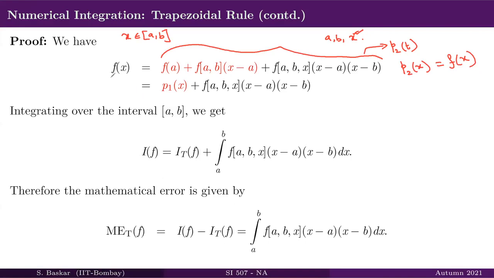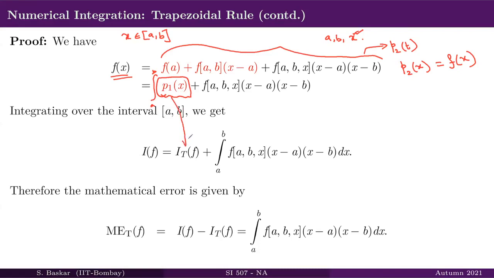That is how we are writing here: f of x is equal to the polynomial P2 evaluated at t equal to x, and that is nothing but P1 of x plus the error term. Remember, P1 is the polynomial we have used in our integral to approximate the integral from a to b of f of x dx. Therefore, the integral over a to b of P1 of x dx is precisely the trapezoidal rule.